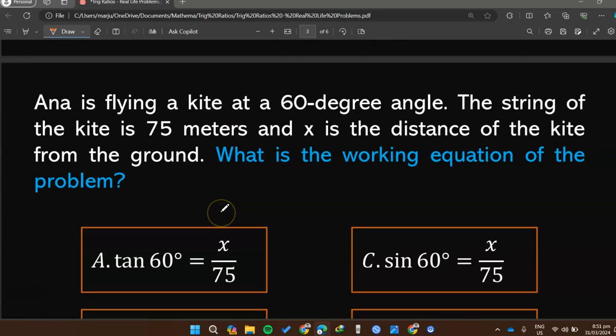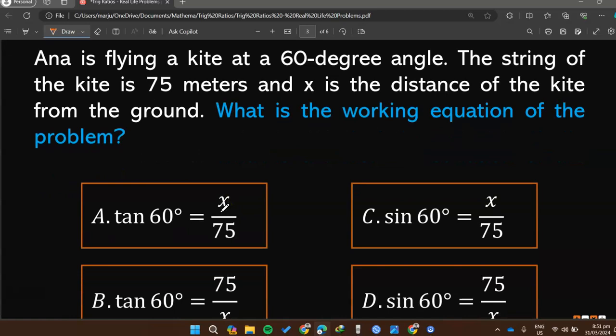So question 2, the same problem. What is the working equation of the problem? So again, from the figure earlier, this is 75, this is 60 degrees, and this is x. So how do we do this?